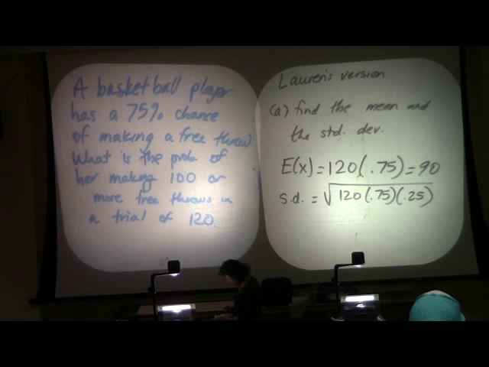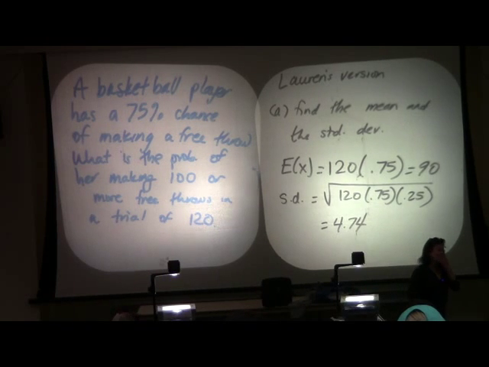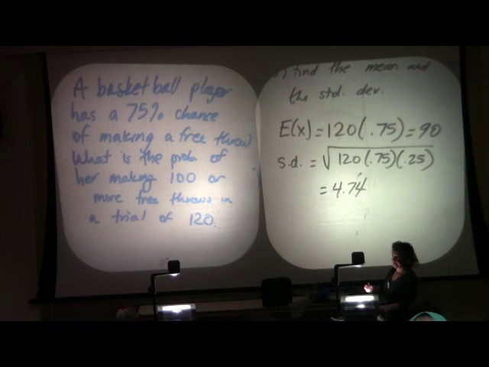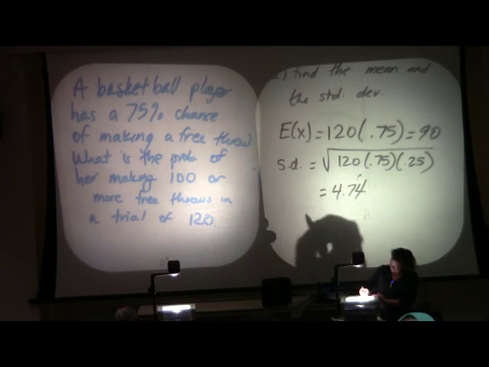It's the square root of 120 times 0.75 times 0.25, and we get 4.74. Any questions this far? All right. You good this far? Cool.